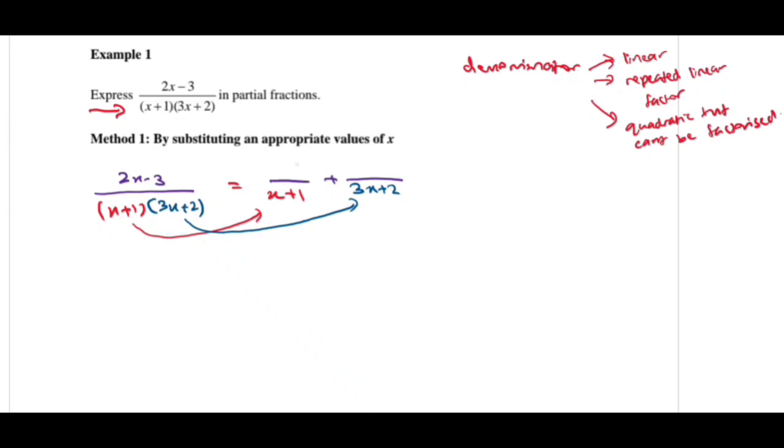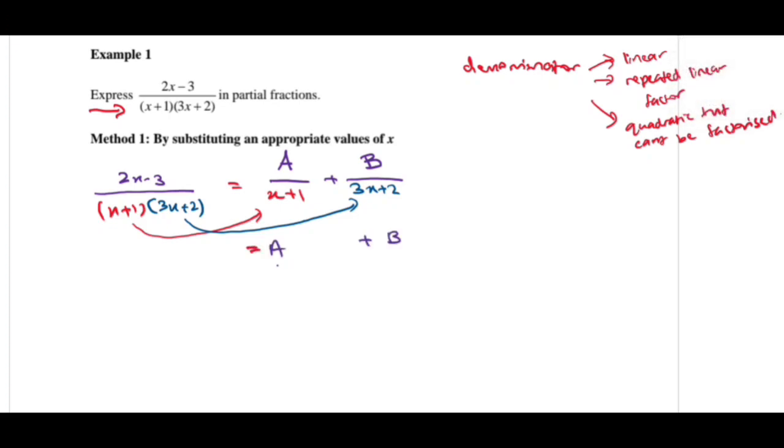Remember, the numerator must be 1 degree less than the denominator. So since our denominator is x power 1, the numerator here must be x power 0, which is just a constant. Let the constant be A. The next one cannot be A because we have set A to be the numerator for the first fraction. So the other numerator, we can just let it be B.